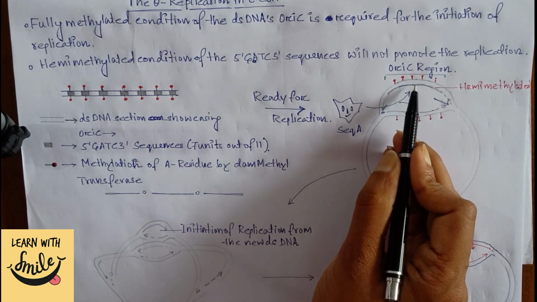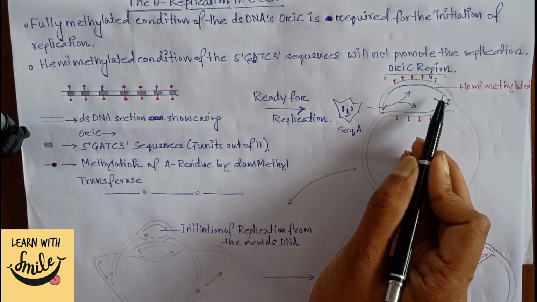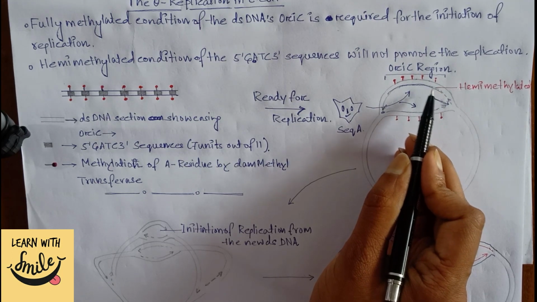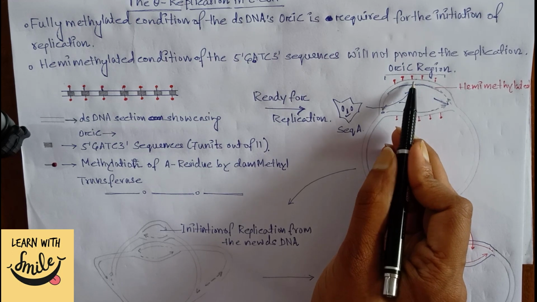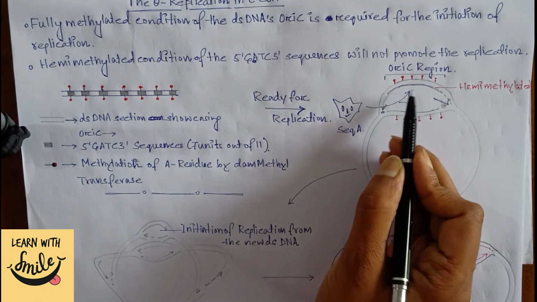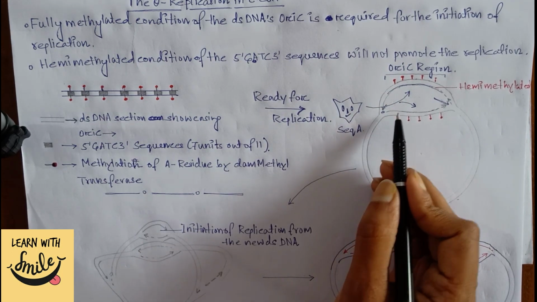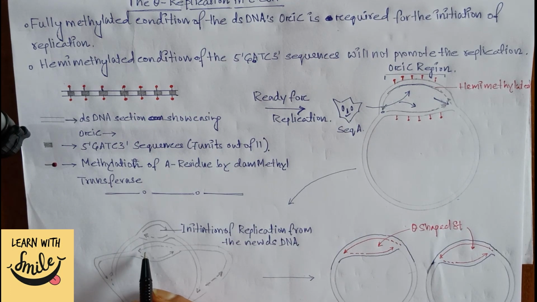Now as the prerequisites are taken care of, the replication also begins from this newly synthesized DNA even before the first round of replication is completed in this particular fashion.